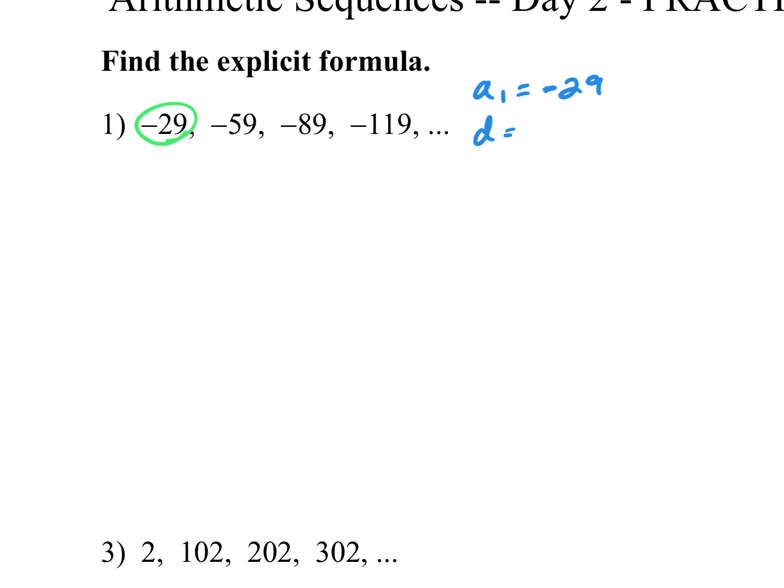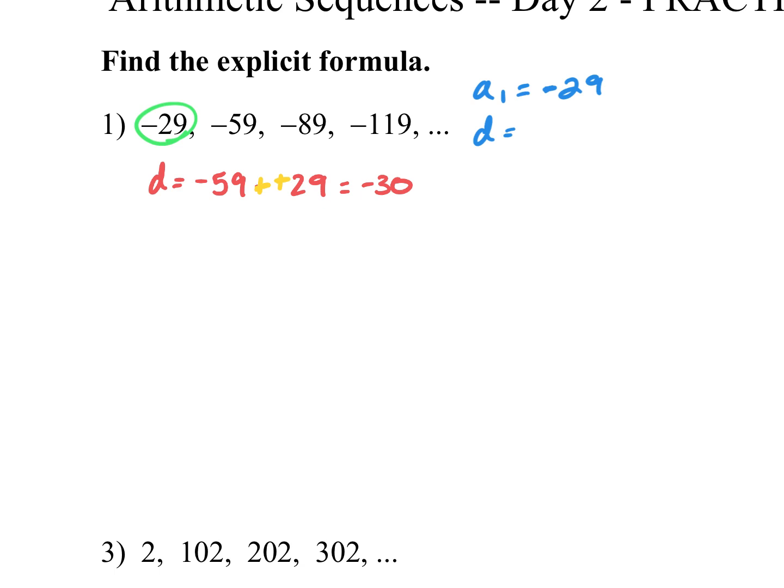So as I look at this to find the D value, I would say, okay, well, I need to go negative 59 minus the first term, which was negative 29. Two negatives will make a positive. So negative 59 plus 29 becomes negative 30. So guess what your D value should be?